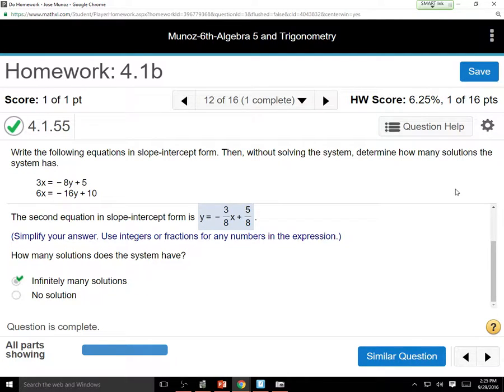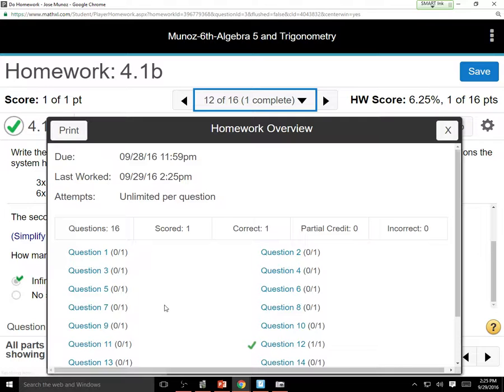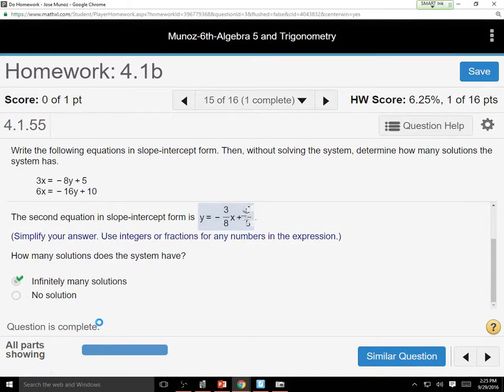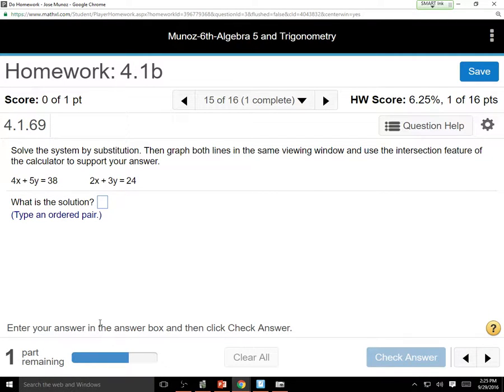What else? I think it's either 15 or 16. I know it's one of the easiest. Well, let me do 15 first. What's the solution? I struggle with those. Let's see here.